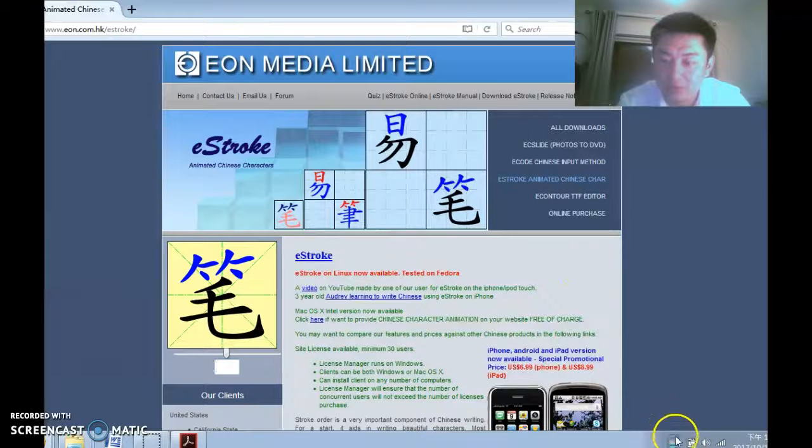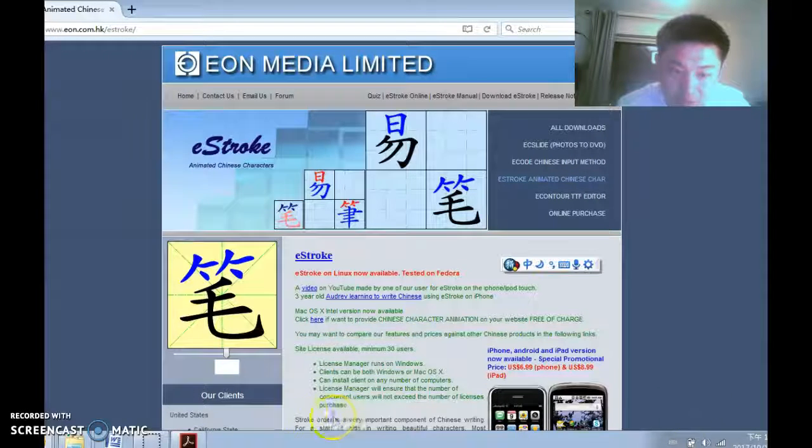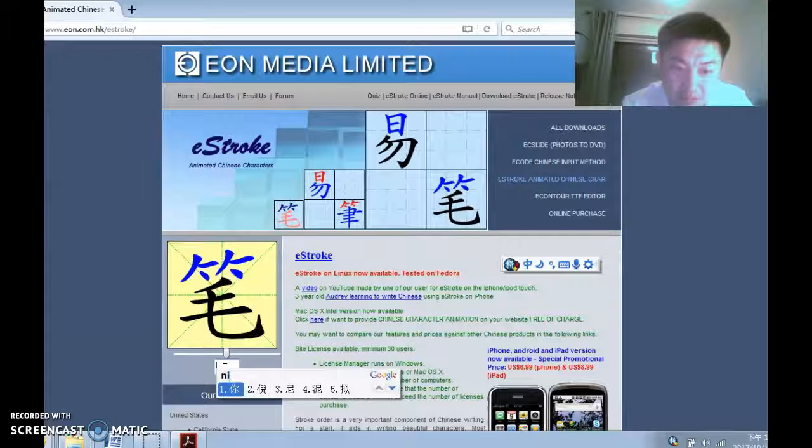So then when you click the keyboard again, you will have another icon that allows you to type Chinese with pinyin, right? I will help you in class if you find it very difficult to change the settings. But anyway, suppose that you can do it now, right? So you type the pinyin, n-i.